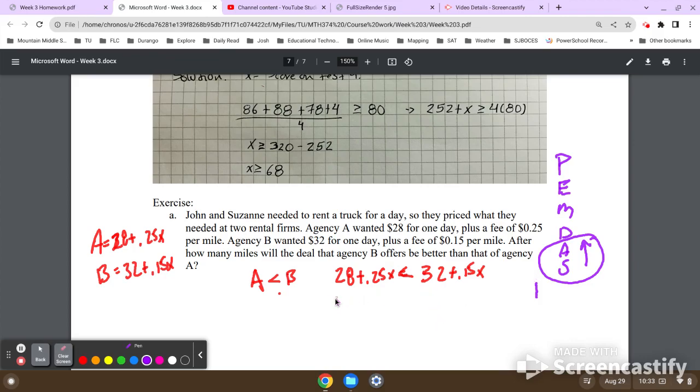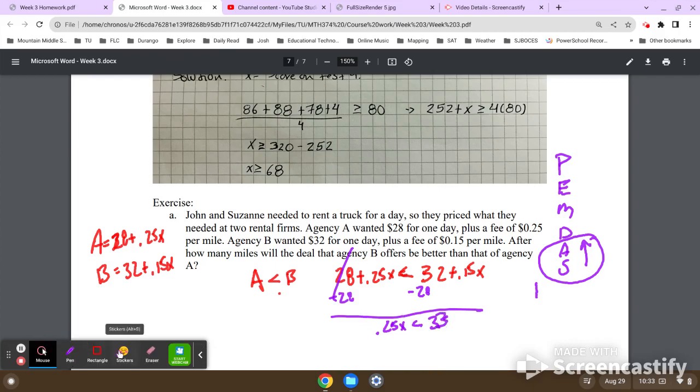So in this case right here, I'm going to go ahead and move the 28 over here. Those cancel. So I get 0.25x is less than 32. I divide both sides by my 0.25.